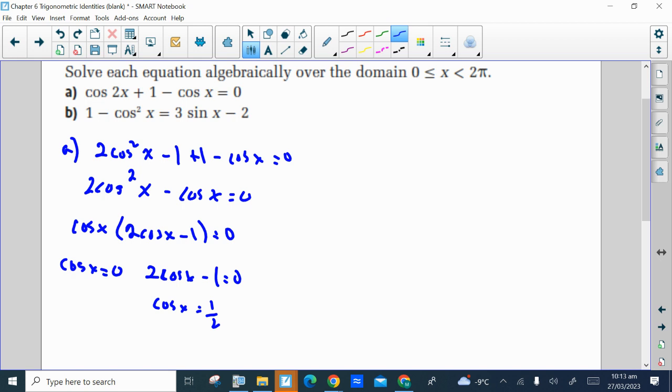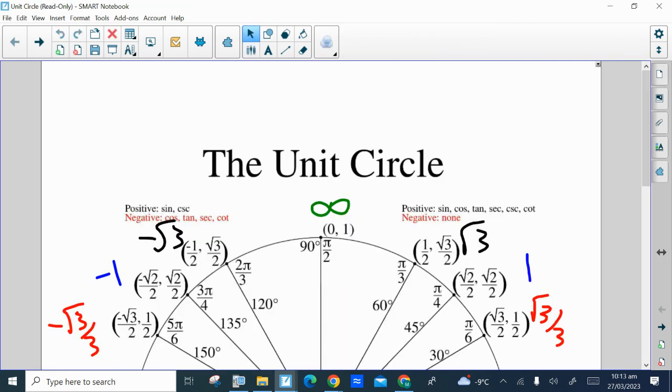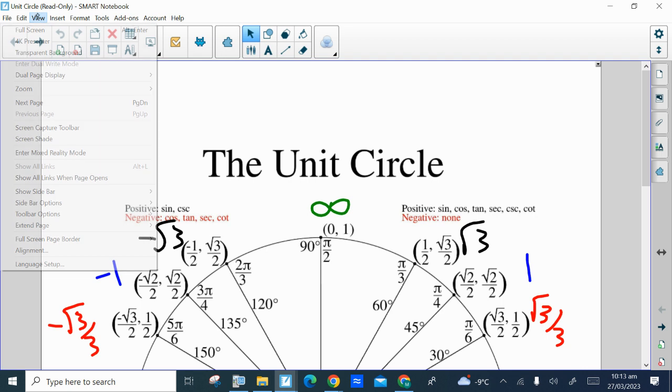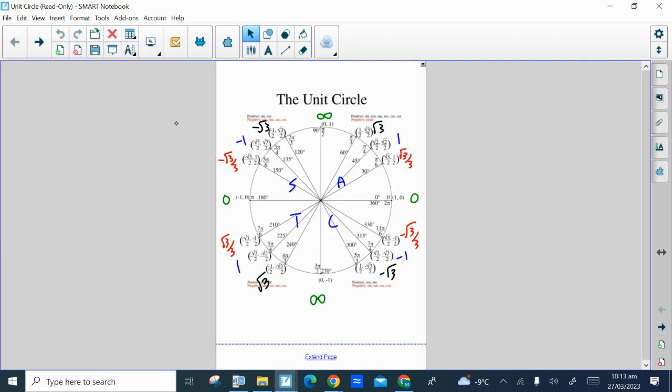And the x value, which is the first number, will equal 0 at pi on 2 and at 3 pi on 2. But we also want to know where the cosine of x equals a half. And the cosine of x, the x value equals a half here at pi on 3, and down here at 5 pi on 3.